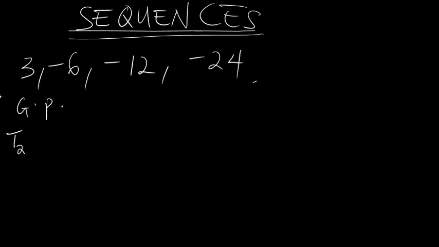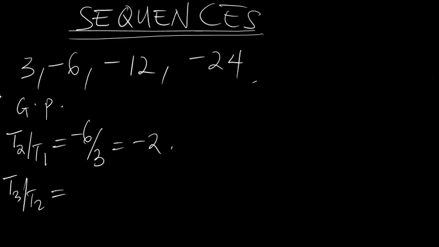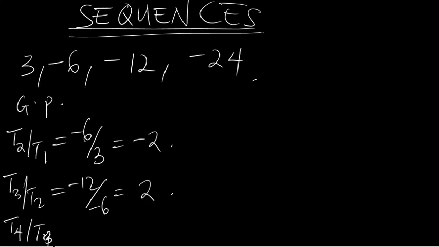So now divide the second term by the first term. You have minus 6 divided by 3. This will give us minus 2. Divide the third term by the second term. You have minus 12 divided by minus 6. This will give us 2. Then divide the fourth term by the third term.